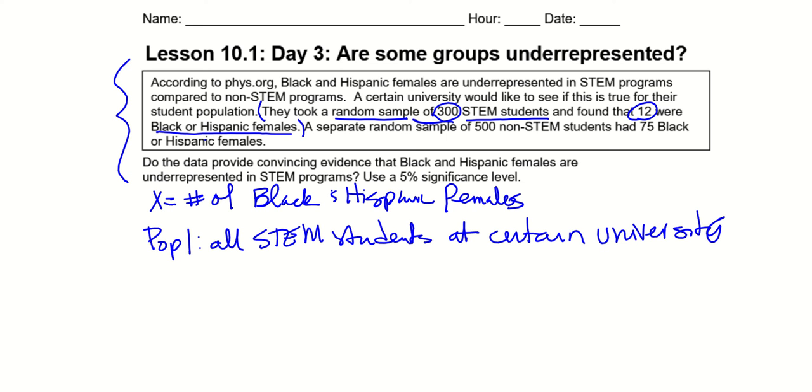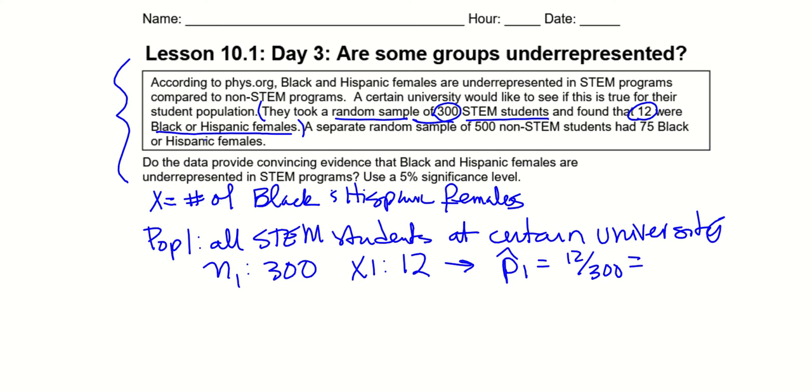From that population 1, we have a sample 1 that has a size of 300, and of those 300, we have a certain count of 12 Black or Hispanic females. Right? So from that, we know that we have a sample proportion for that first population of 12 over 300, which is 0.04.